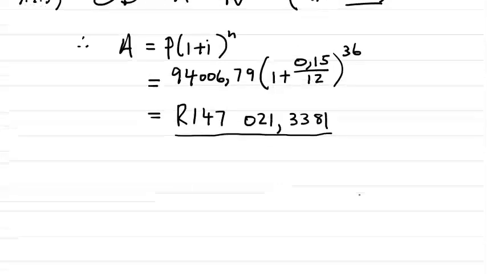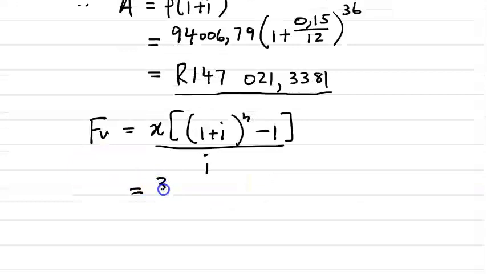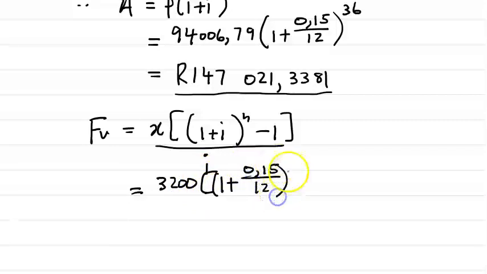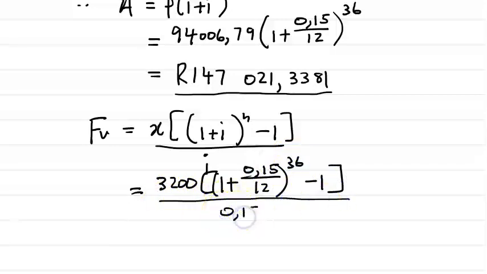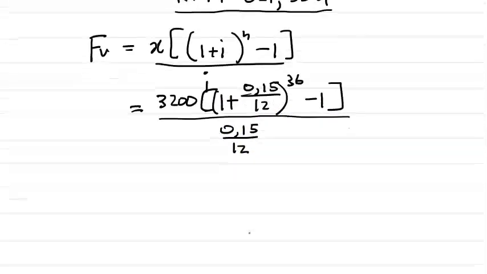Now let's find the future value. FV, we're going to put in 3,200 rands into 1 plus the interest is 15% per annum compounded monthly, and the number of completed payments is 36 minus 1. To complete the formula, 0.15 over 12. Now let's calculate that.